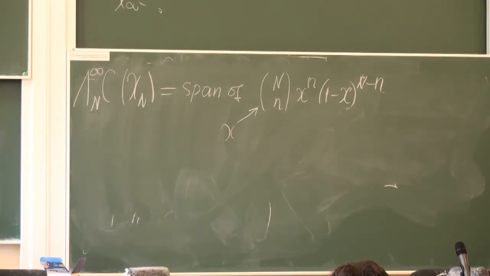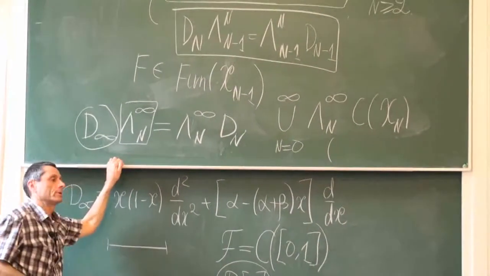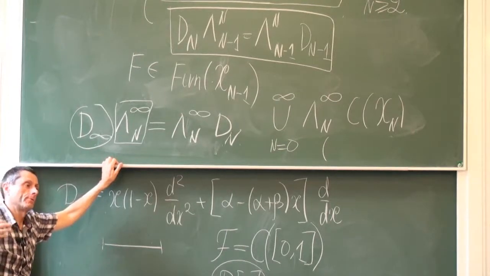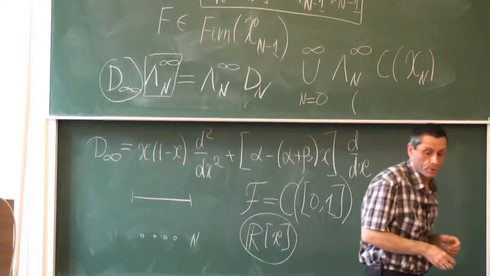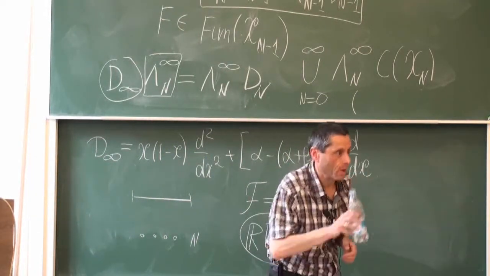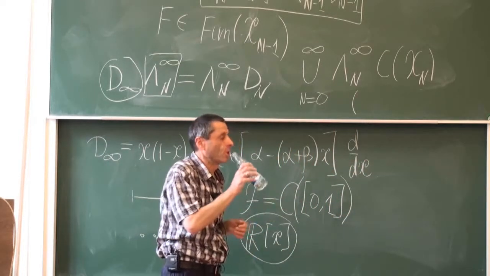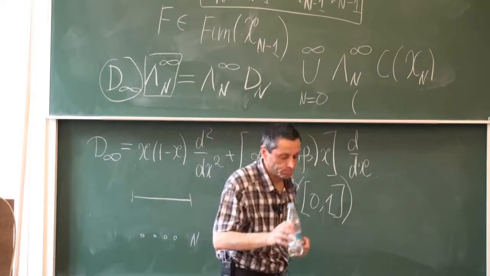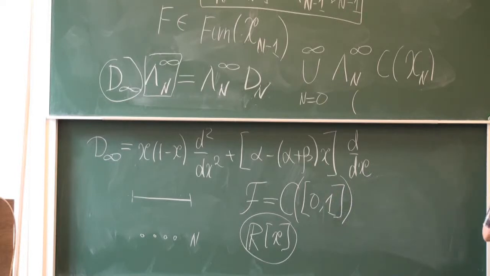So this is a very formal construction which produces an operator from generators on finite levels. Now let's return to our situation. This is only an example. And now we have to construct something similar in the case of interest for us.